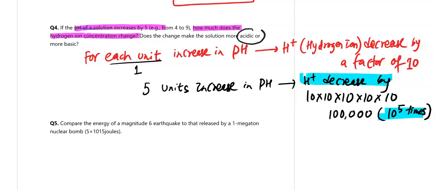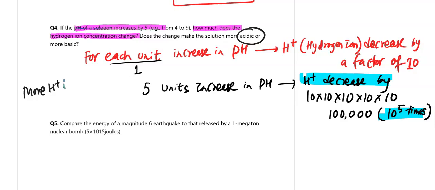basic. So hydrogen ion tells you, is that acidic or basic? More hydrogen ion, acidic. Less hydrogen ion, basic. It's like a chemistry problem, okay? If you are chemistry students, you might know that.